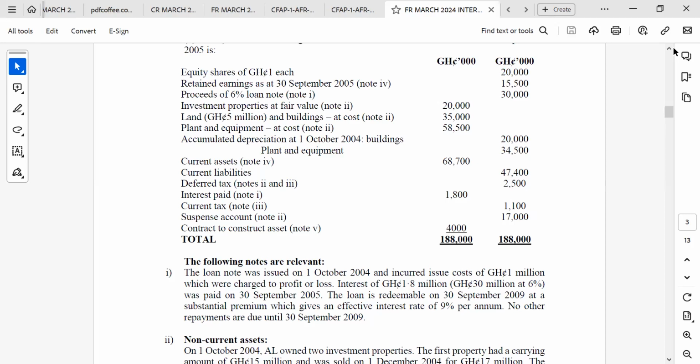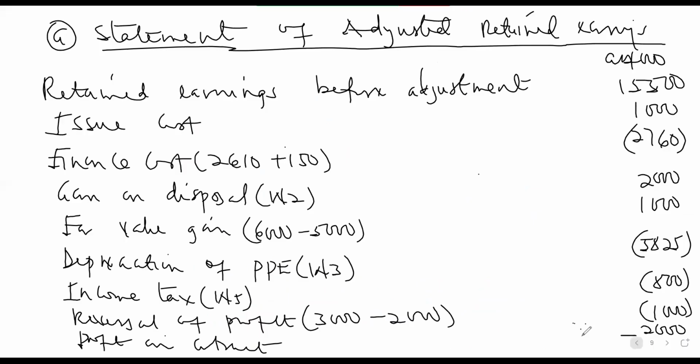Let's now find the retained earnings. Can we find the retained earnings now? 15,500 plus 1,000 minus 2,760 plus 3,000 minus 5,825 minus 1,800 plus 2,000.